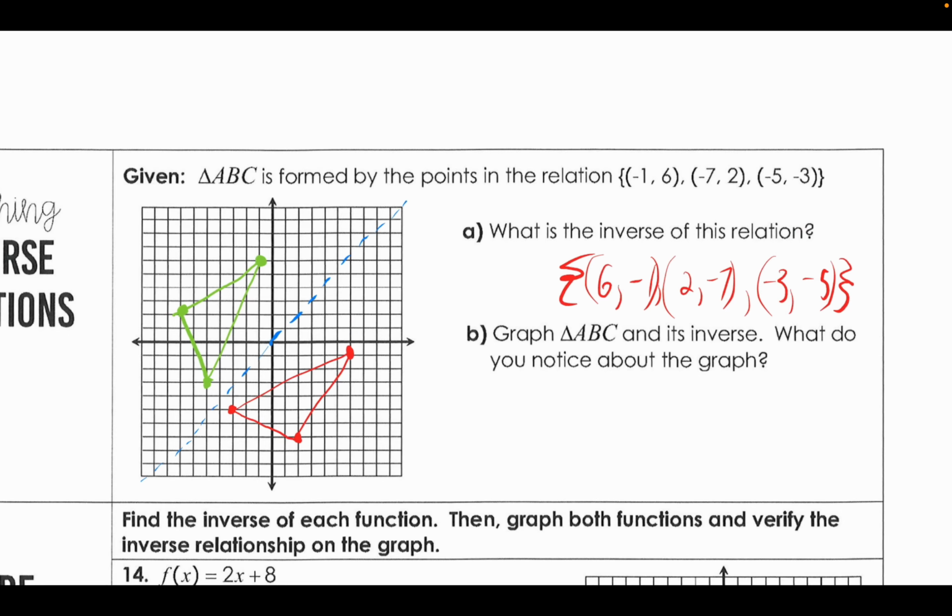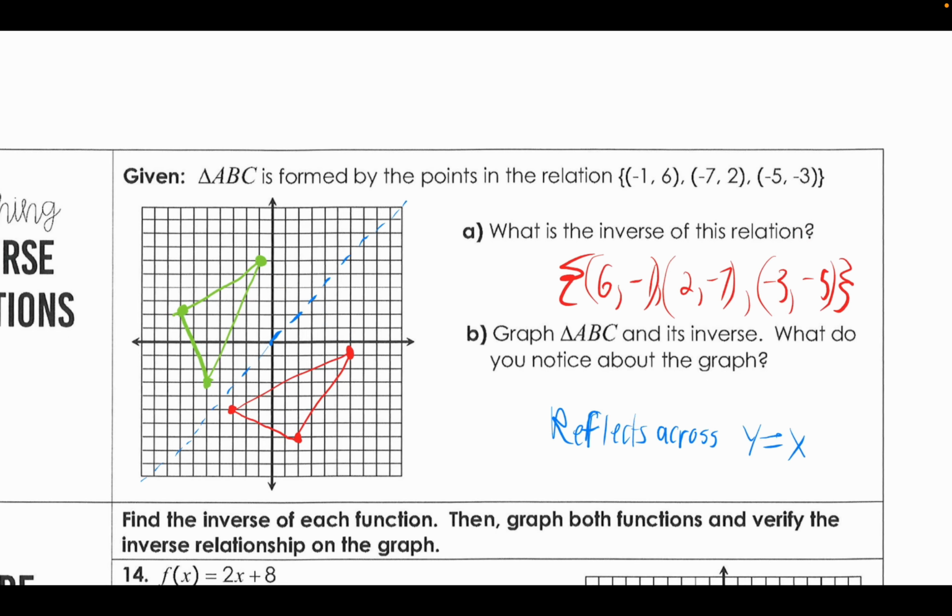So, for example, if we were to measure the distance here, perfect distance across, and perfect distance across at all 3 points away from that line. And so it reflects across y equals x. And that's true for any inverse functions. When you graph them, they will always reflect across y equals x.